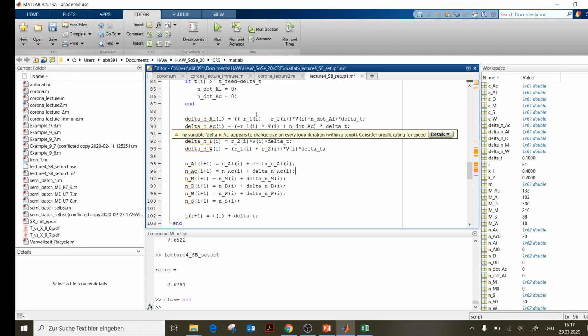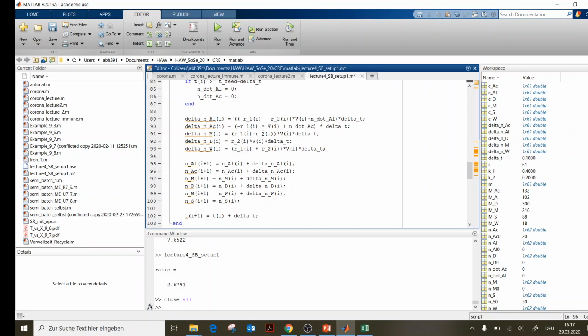For the acid, it is consumed by the first reaction. This has to be multiplied with the volume. Then you have to take into account that there can be an inflow of the acid, and also multiply it with delta t. For the monoester, there's no inflow, but the monoester is produced by the first reaction and is consumed by the second reaction.